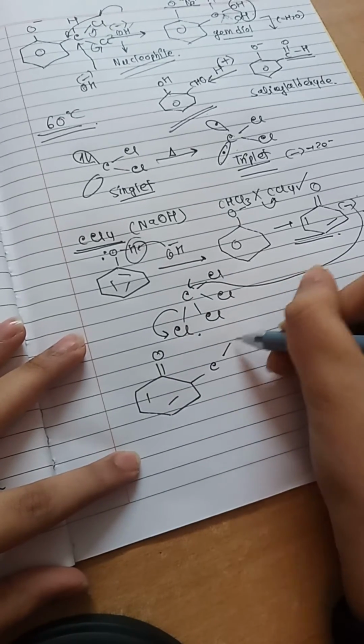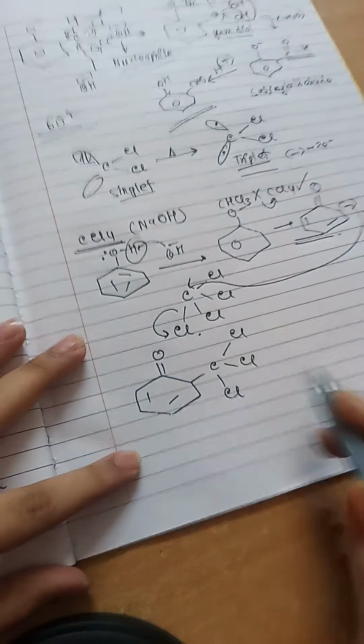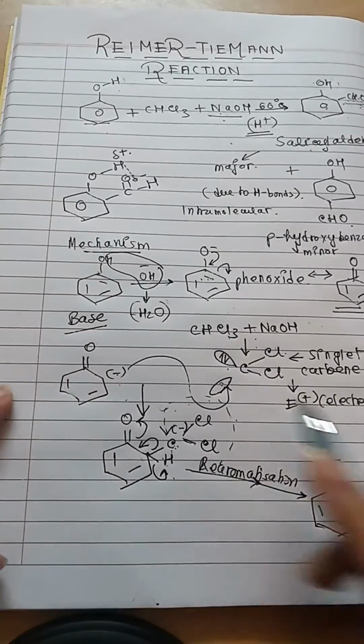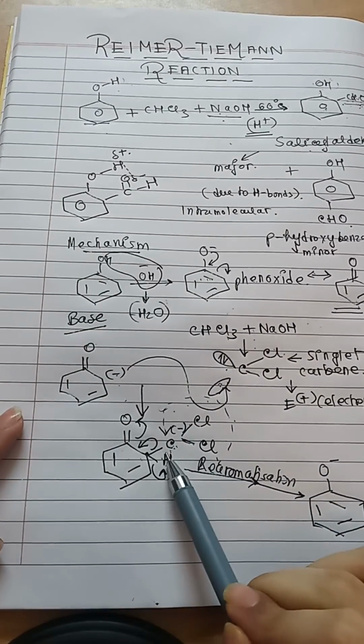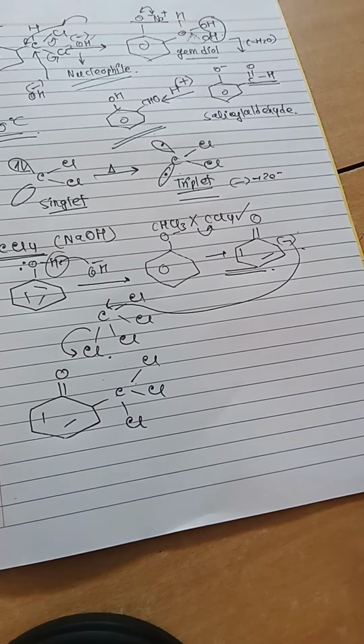So what we get is this: 3 Cl atoms attached to this carbon. In the earlier case, only 2 Cl atoms were attached to the carbon. In this case, 3 Cl atoms are attached. So let's see what the difference is.